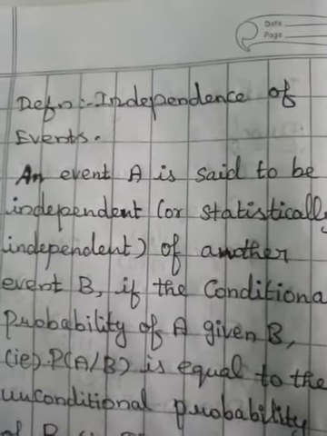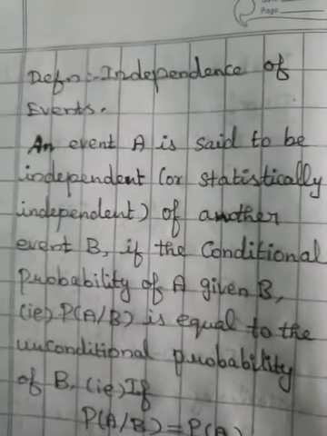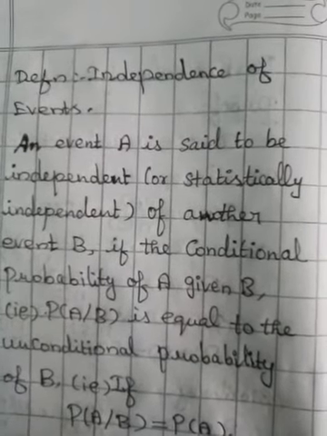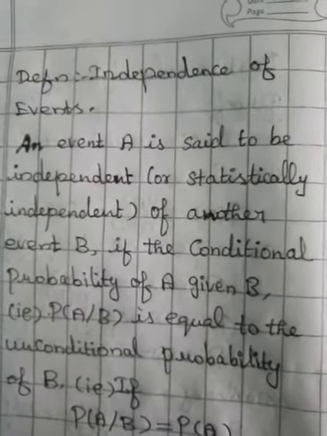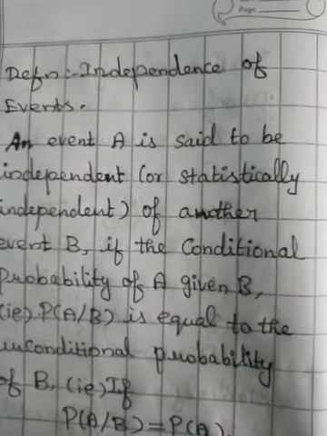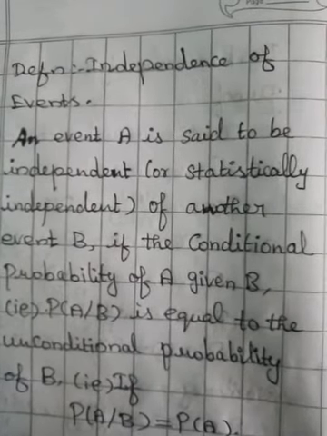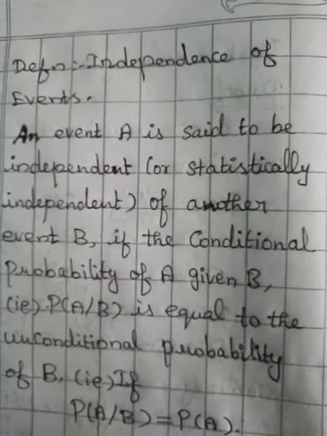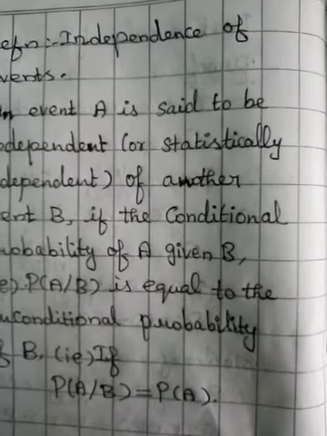An event A is said to be independent or statistically independent of another event B if the conditional probability of A given B, that is P of A divides B, is equal to the unconditional probability of A, that is if P of A divides B is equal to P of A.